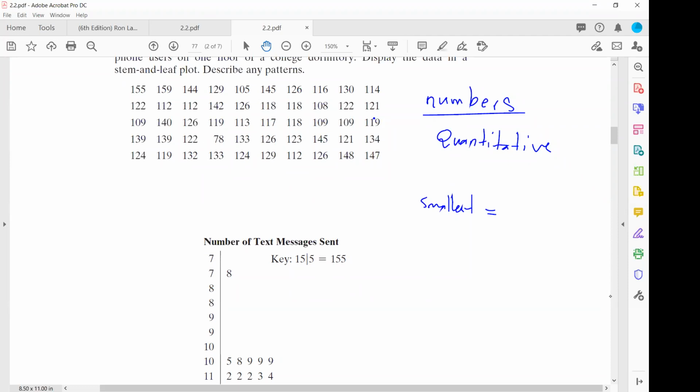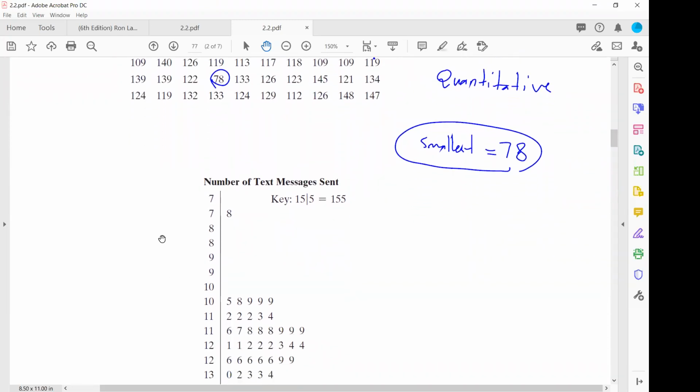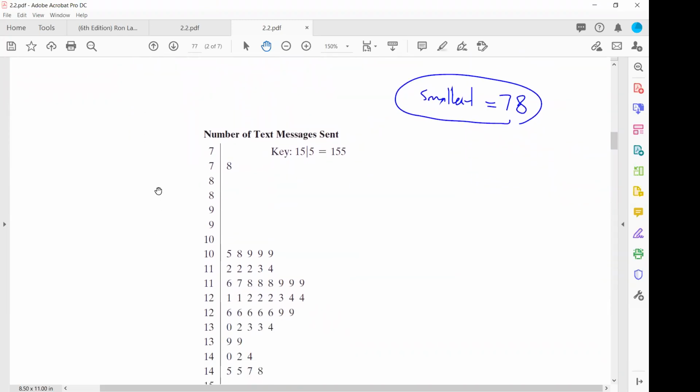On the fourth row, you see 78. 78 is the smallest value in your collection. So you write down 7 on the left-hand side and 8 on the right-hand side, and you use a vertical line to separate these two digits.